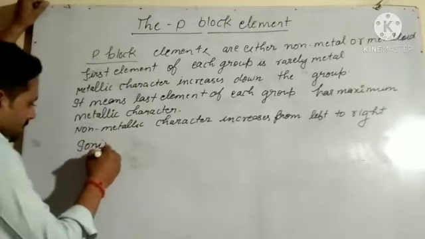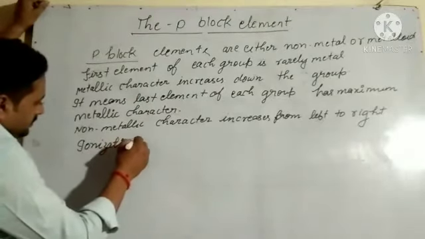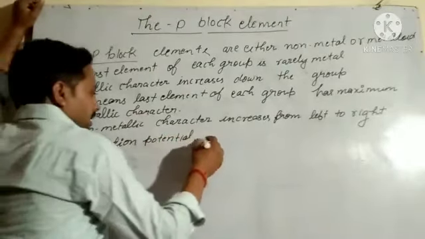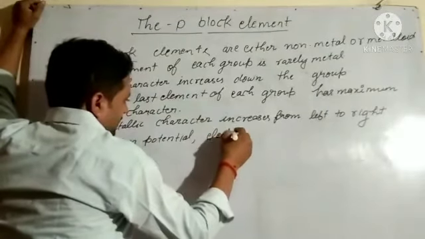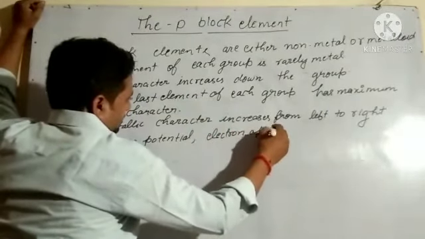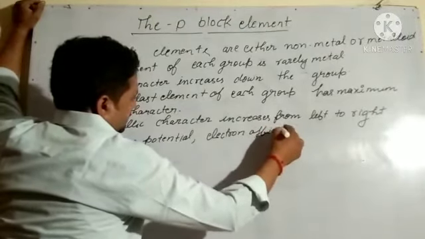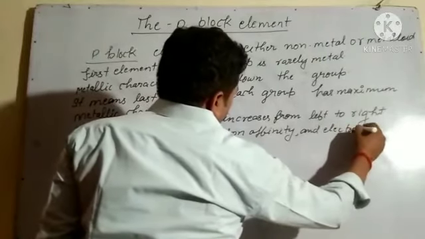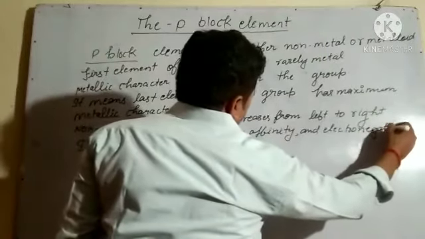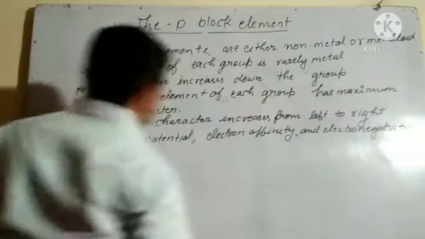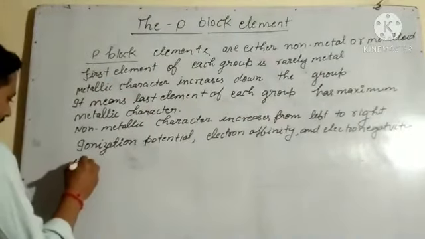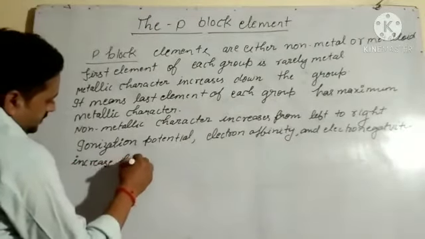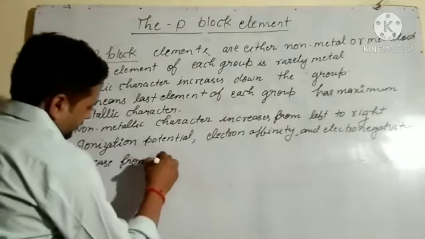Ionization potential, electron affinity, and electronegativity increase from left to right.